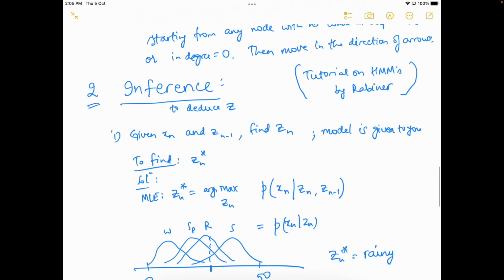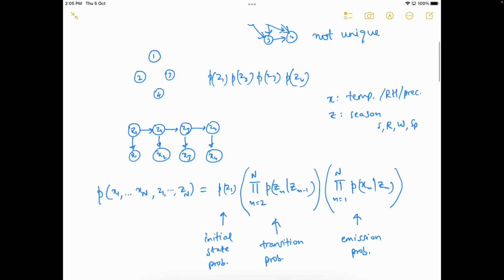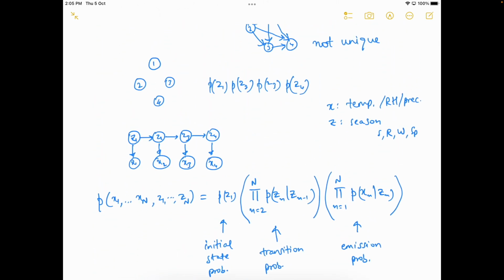Next we saw inference, which means if I give you some data and ask you, can you infer the other quantities? If I tell you what is X4 and what is Z3, can you find the PDF of Z4? Or can you find the estimate of Z4?